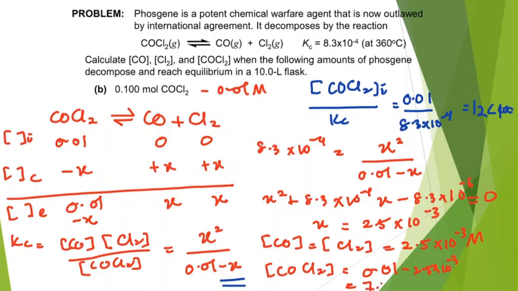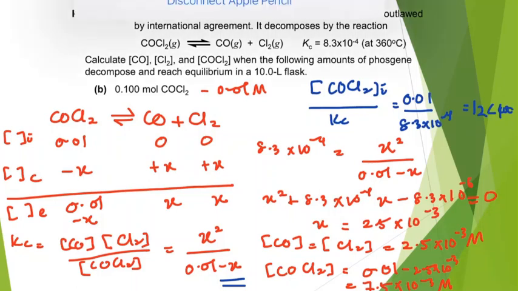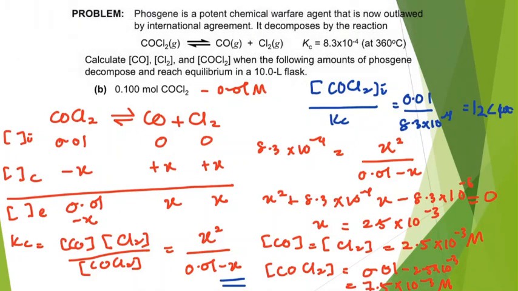It is equal to 7.5 times 10 power of negative 3 molar. So problem solved. Okay, so this is the answer.